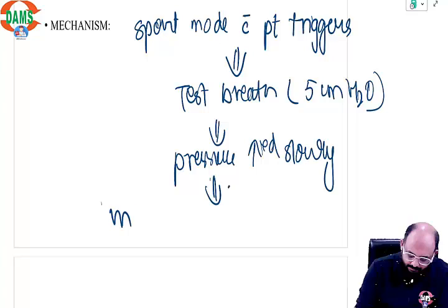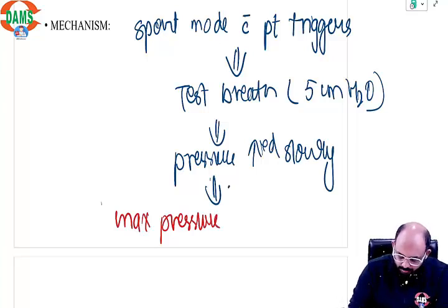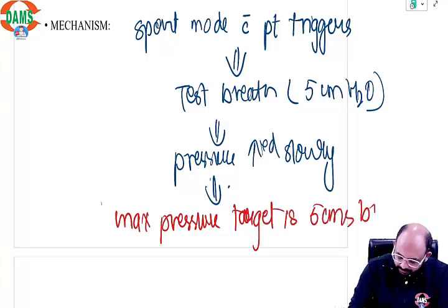Now maximum, I am writing this in a different color, max pressure target is usually 5 centimeters below set pressure.